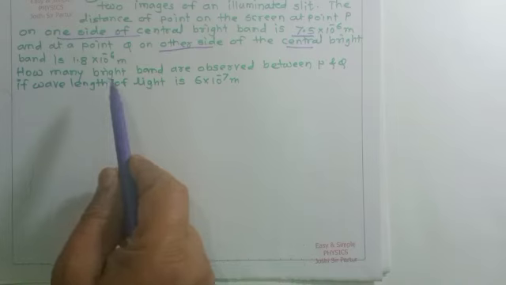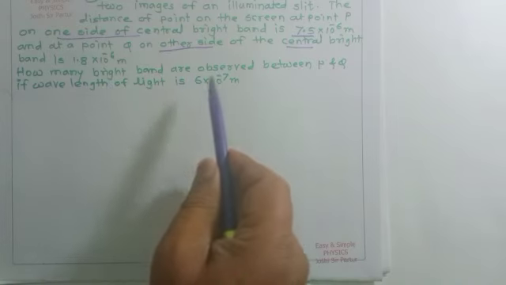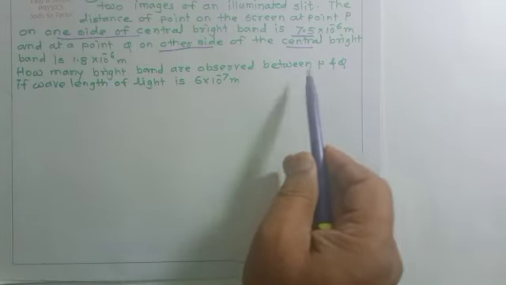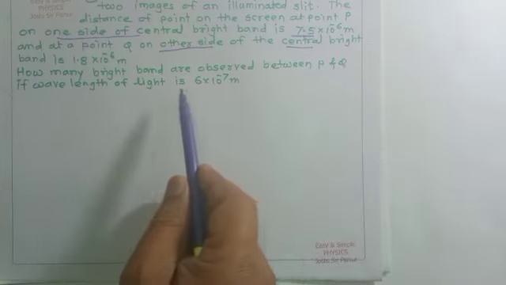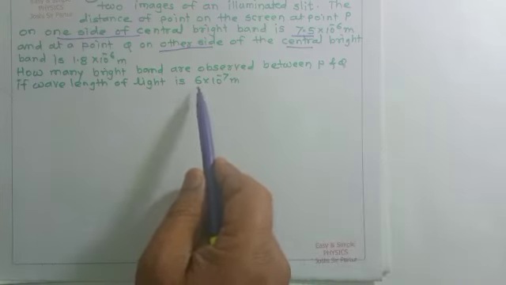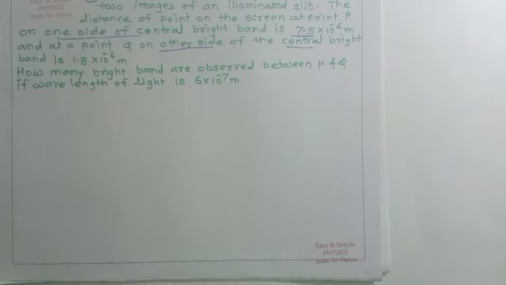How many bright bands are observed between P and Q if the wavelength of light is 6 into 10 raised to minus 7 meter?